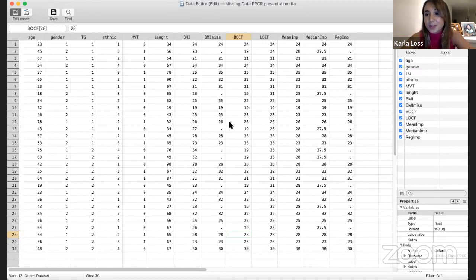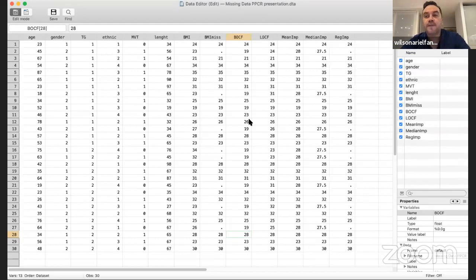Everyone could have the same BMI, but it's not expected that all missing data has the same value. Yes, exactly. It doesn't make sense in my data set because I didn't measure before and after, right? So this is why you shouldn't really use the baseline observation carry forward, because it basically makes no sense.